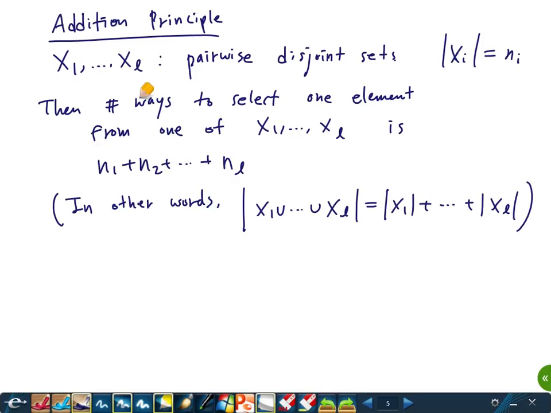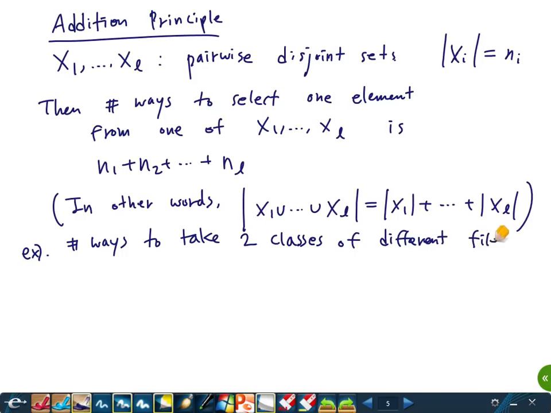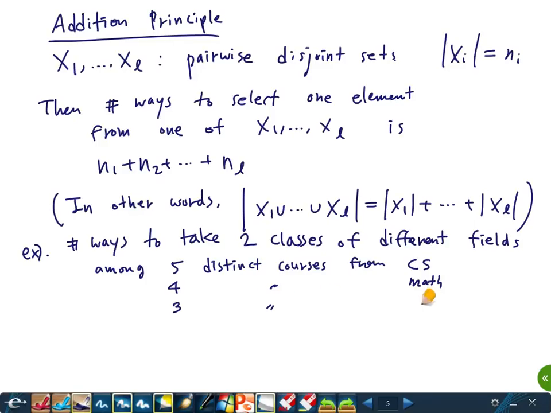Okay, so an example. Number of ways to take two classes of different fields, where among, say, 5 distinct courses from computer science and, say, 4 distinct courses from math and 3 different courses from physics.